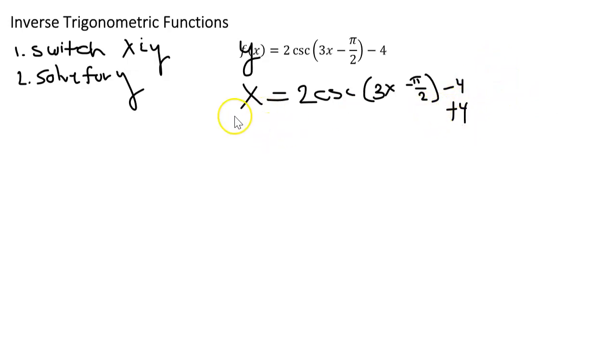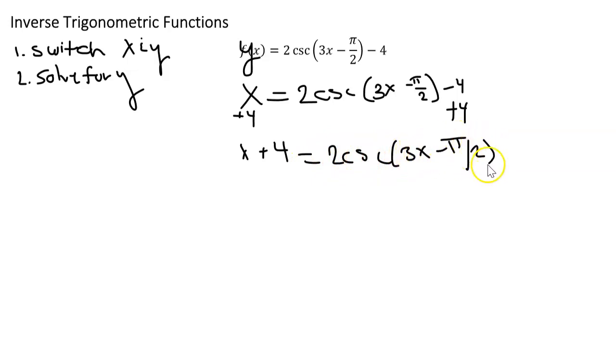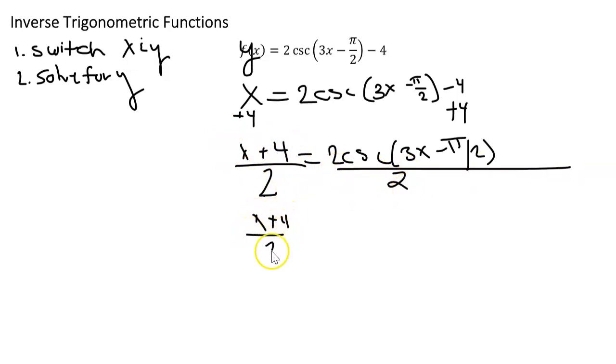Start by adding 4. Be careful when you move on to your next step. We do want to divide by 2, but it's a really common mistake for students to divide the 4 by 2 and not include the x over 2. So it's probably safer if you leave it as this entire rational expression.